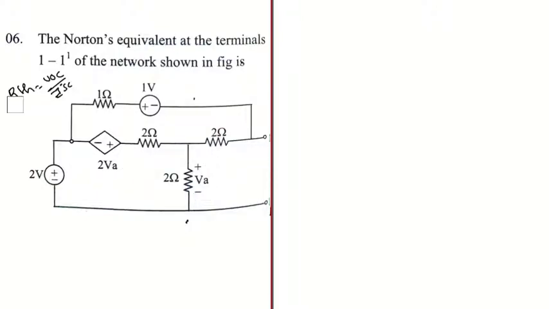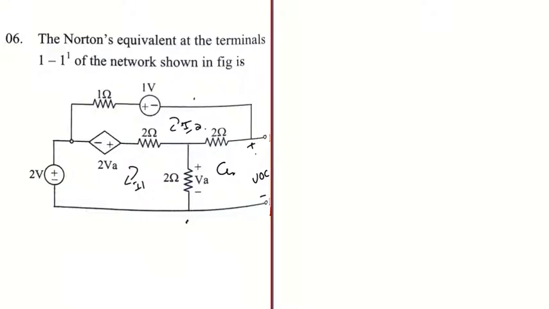So first of all I am going to find out our VOC, that is the open circuit voltage across this 1 dash. So this is open circuit, so to find it out I am going to consider 2 meshes, I1 and I2. There is no current flowing over this mesh because it is open circuited.